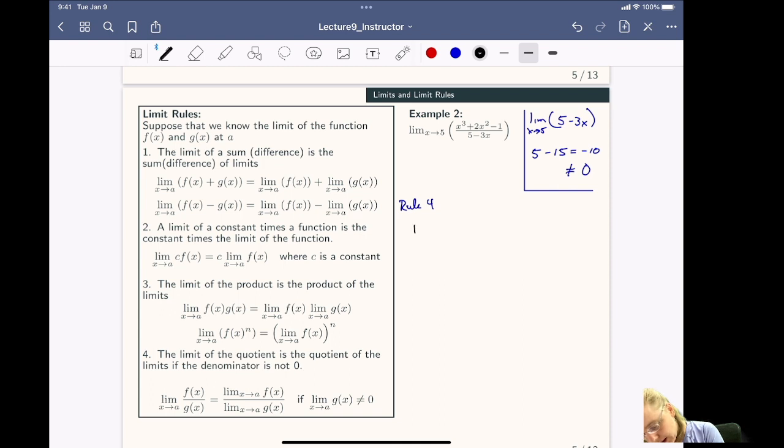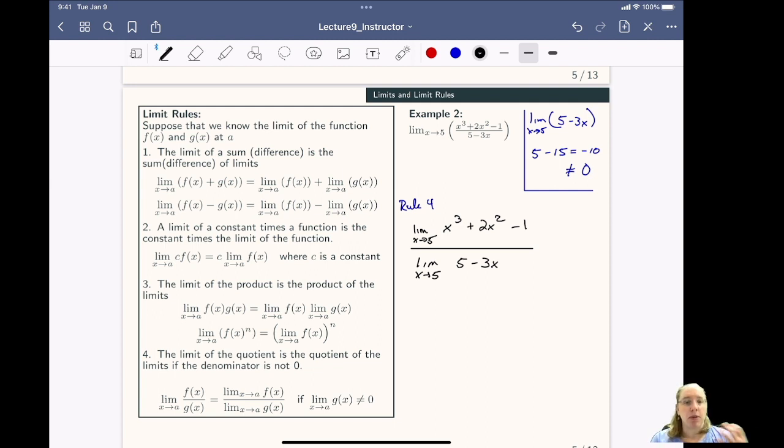So we have the limit as x goes to 5 of x cubed plus 2x squared minus 1 divided by the limit as x goes to 5 of 5 minus 3x. All right, so you can do this in two ways.